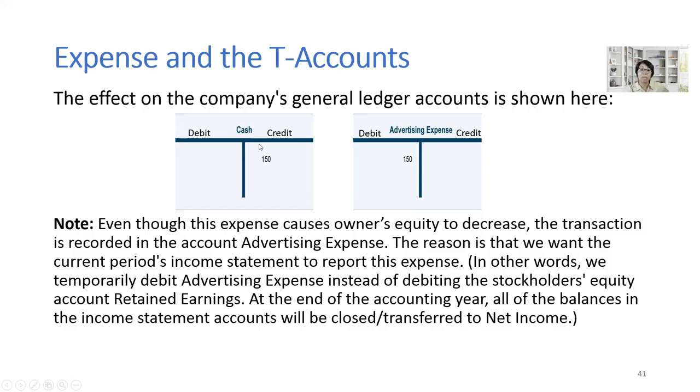Credit means make this bank account go down. What is the other account? Advertising expense. Now, I don't know if you remember, it was a little while ago and I said you had to memorize it, but debit makes expenses go up. So our advertising expense went up.